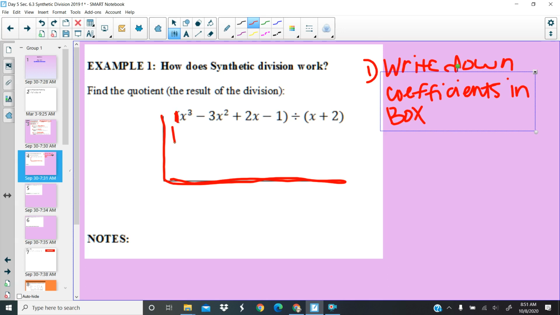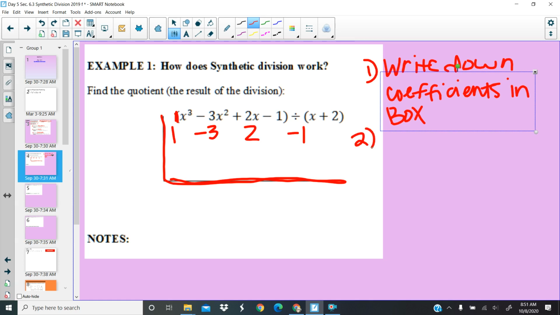So we have 1. Our coefficient in front of x squared is negative 3. In front of our regular x is 2. And our constant at the end is negative 1. These are all of our coefficients. It's basically all of the numbers other than the exponents in that first polynomial part.